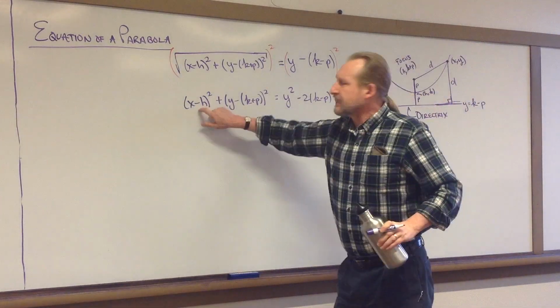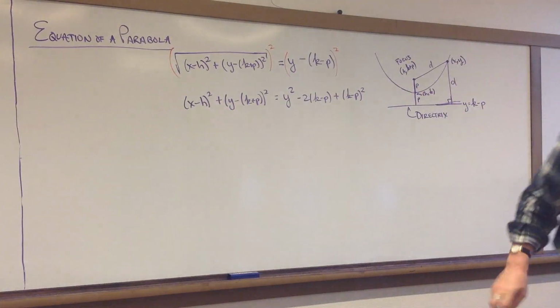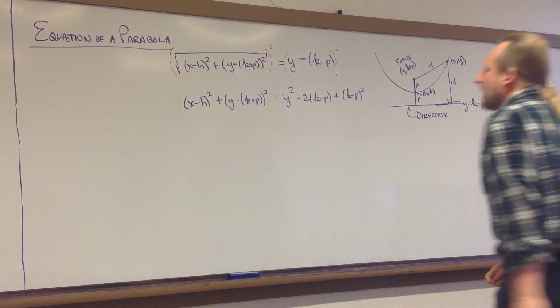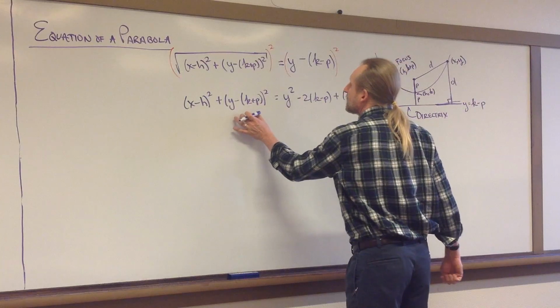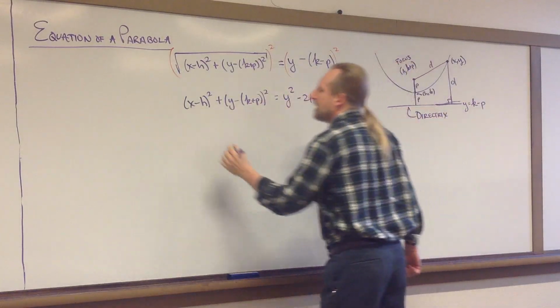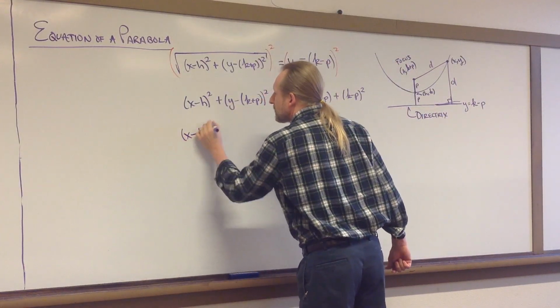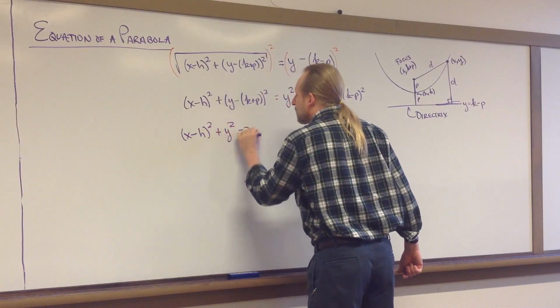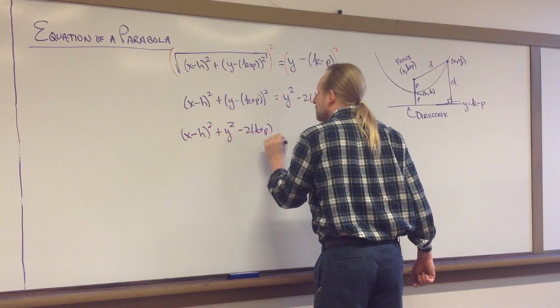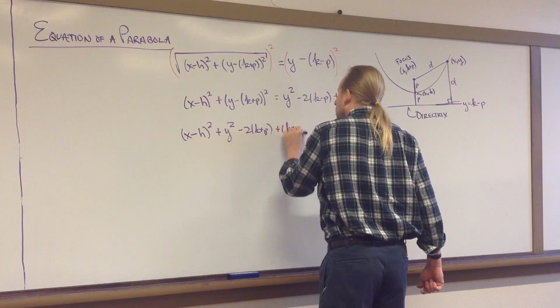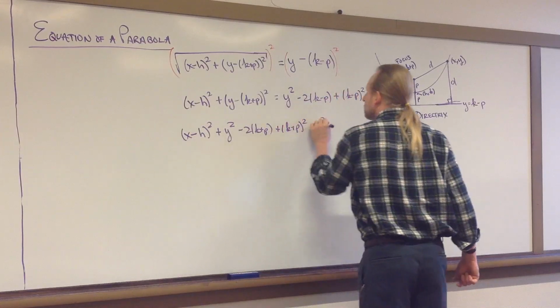Okay. This (x minus h) squared is going to be in our final equation, so I'm going to leave that alone, but I'm going to expand this similar to the way that I expanded that. So (x minus h) all squared plus y squared minus 2 times (k plus p) plus (k plus p) all squared.